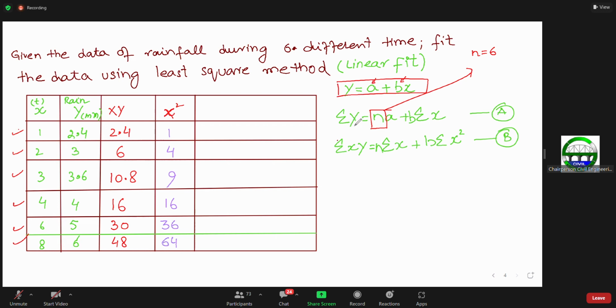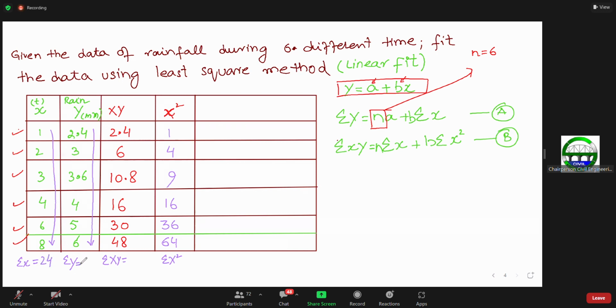And then what else do we need? We need Σy. Can anyone sum all of these? This will be your Σy. And sum this one; this will be your Σx. Similarly, this will be Σxy, and this one will be Σx². What is the value of Σx? It is 24.